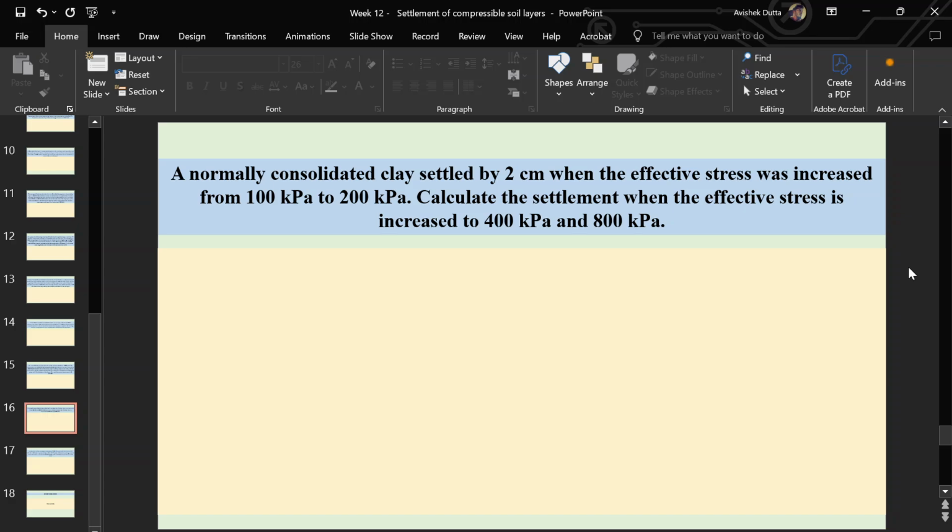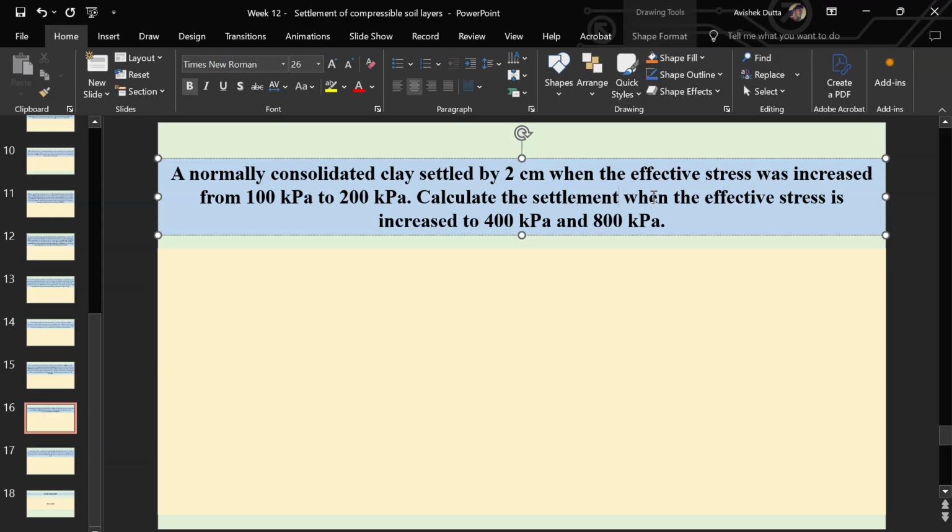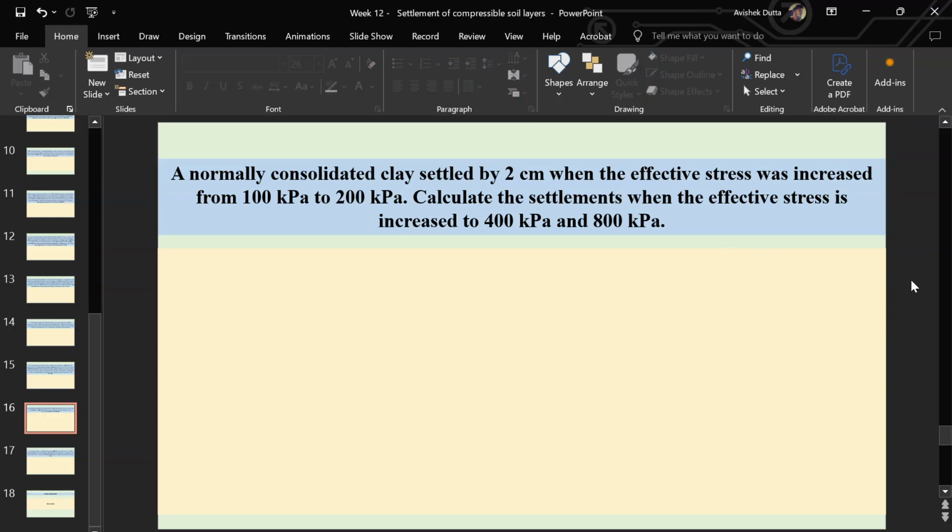I repeat, a normally consolidated clay settled by 2 centimeter when the effective stress was increased from 100 kilopascal to 200 kilopascal. Calculate the settlement when the effective stress is increased to 400 kilopascal and then to 800 kilopascal. Means individually, when it is increased to 400 kilopascal, what is the settlement, and when it is increased to 800 kilopascal, what is the settlement?